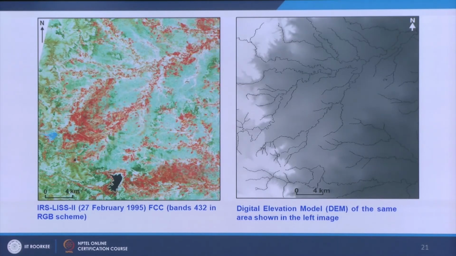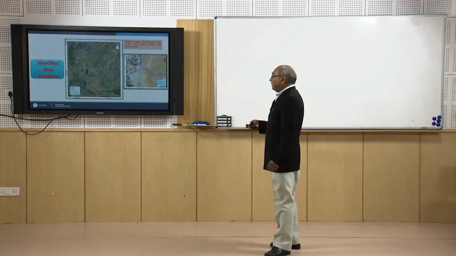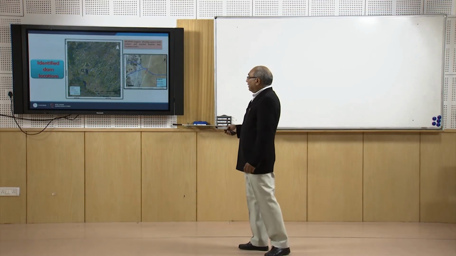That clearly tells that probably these are agricultural lands getting water from these small reservoirs, whereas you do not have many water bodies or reservoirs here, and therefore you do not have much growth of vegetation or agricultural land. So this association makes this kind of image interpretation much easier.